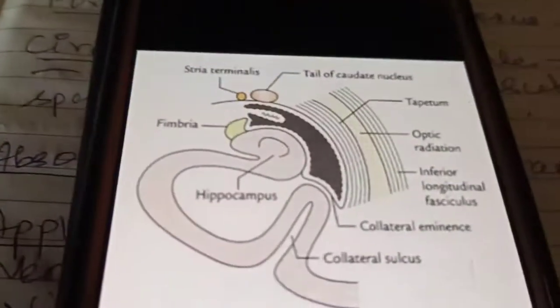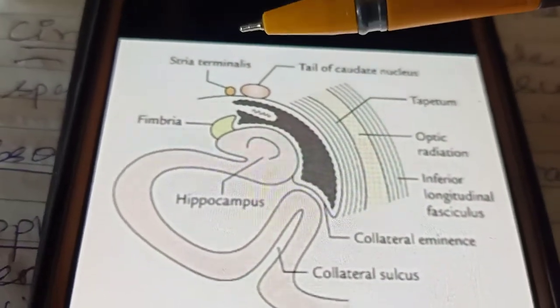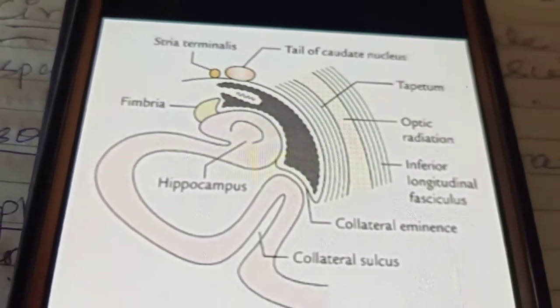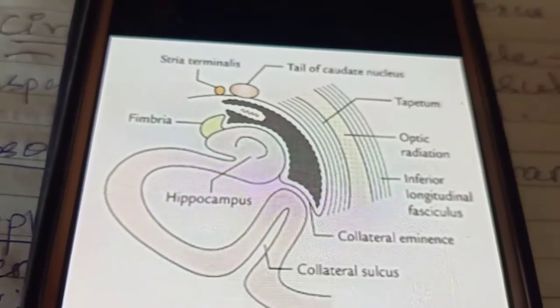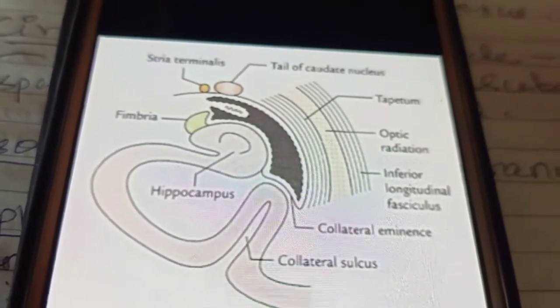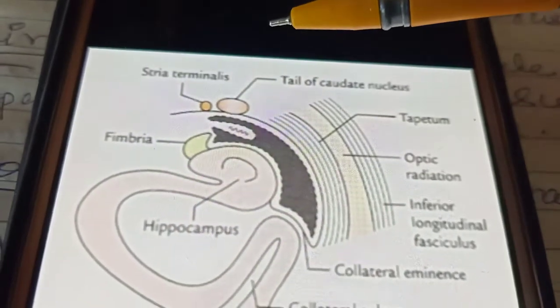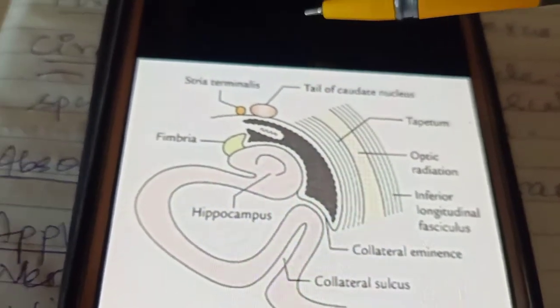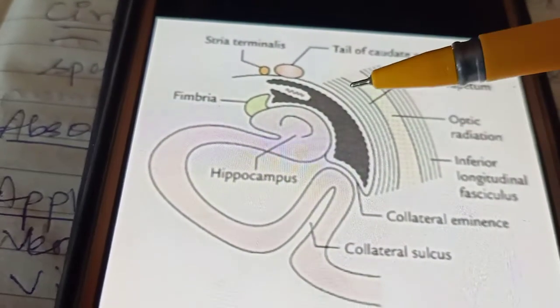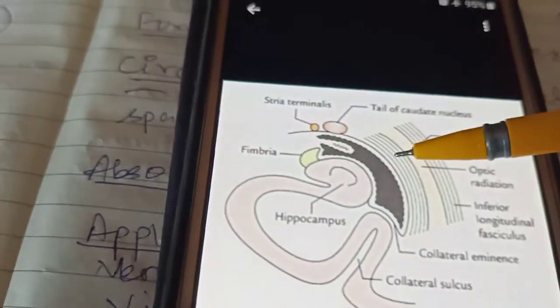Now if you see the section through the inferior horn, the roof is formed by the tapetum.